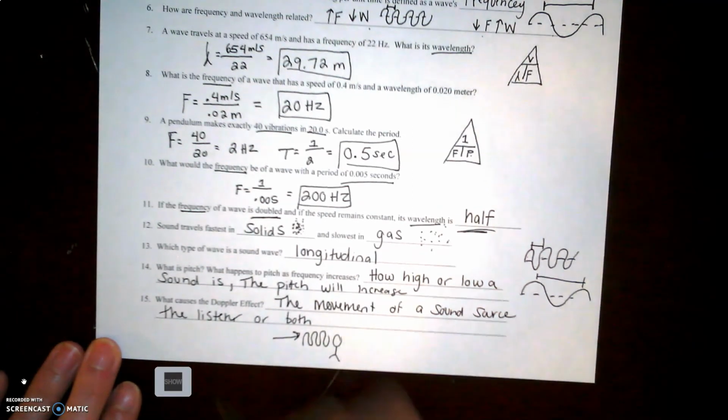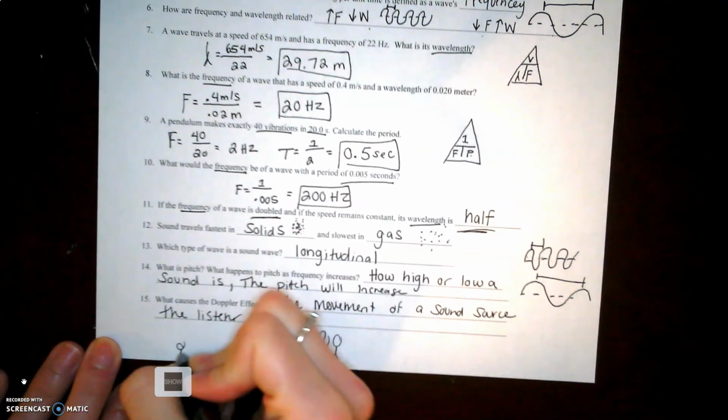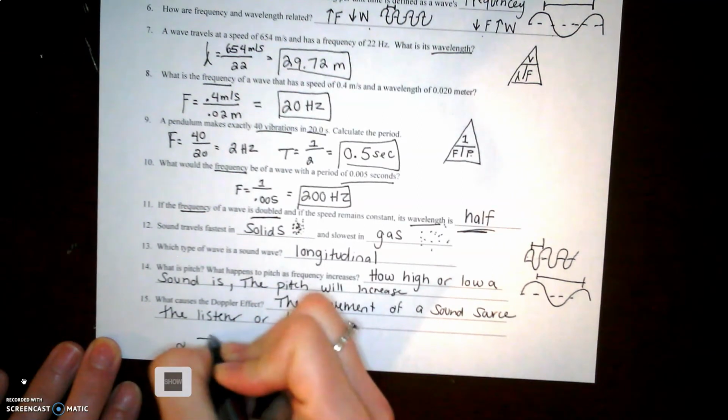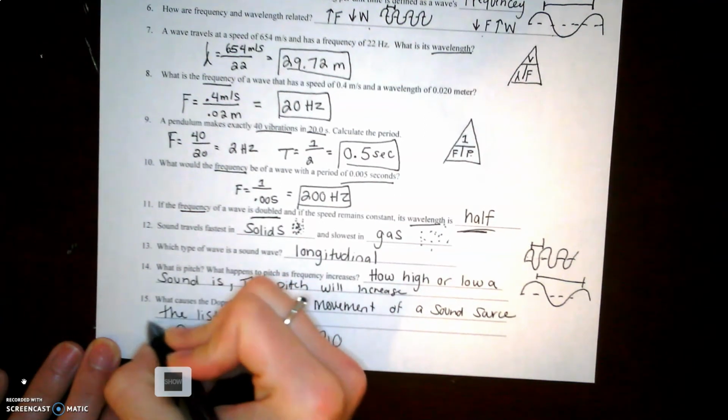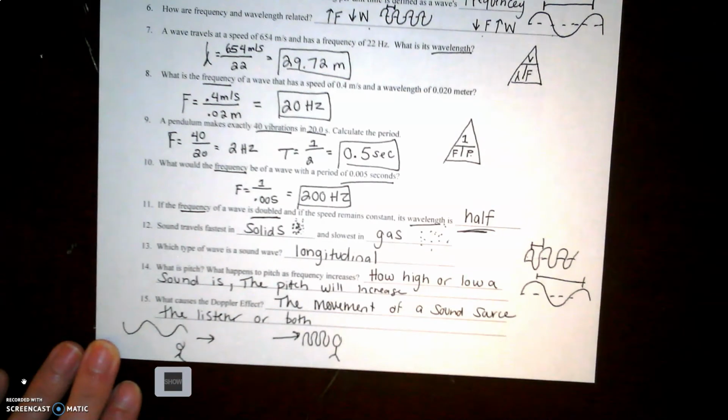It's going to sound like a high pitch sound because the waves are getting compressed and causing the frequency to increase, which would cause the pitch to increase. If you're over here and the car is going in the opposite direction of you, so it's going away from you, those wavelengths would be longer, causing the pitch to sound lower.